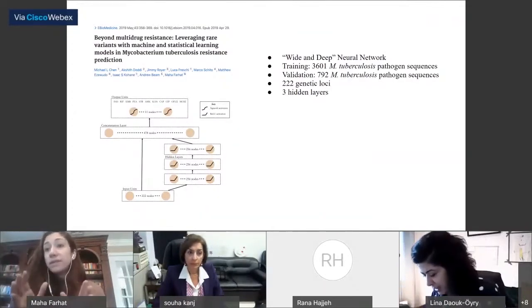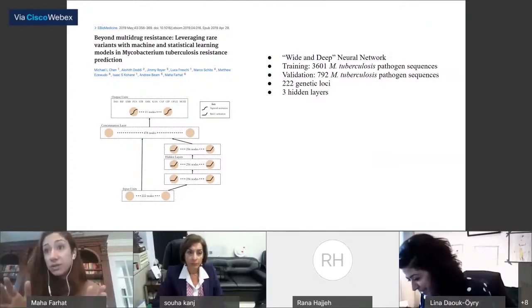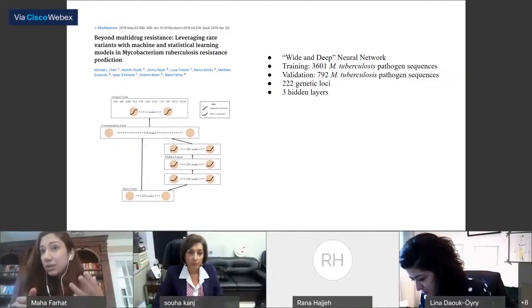And when we pool all of this data together, along with phenotypic data, specifically here antibiotic resistance profiles, we can harness the power of modeling and statistical learning, or machine learning, if you will, to predict the phenotype of the organism from its genotype. We've done a lot of work in this space.